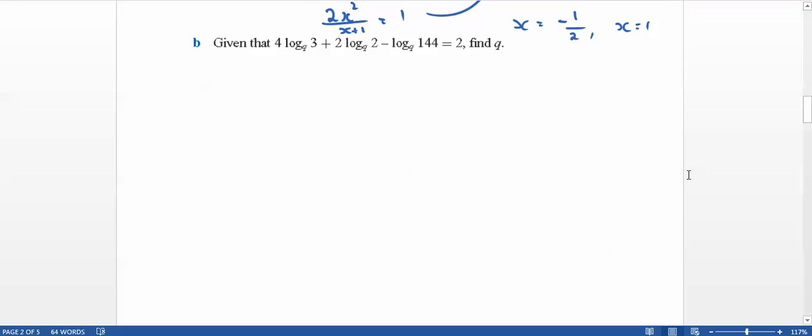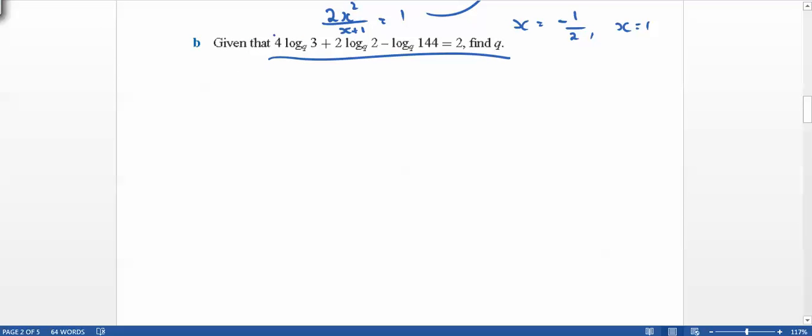Given this expression here, find Q. This is no different and no harder, but the problem is you see all of these expressions and don't know where to start. Well, first of all, we have to do the reverse of the power law.